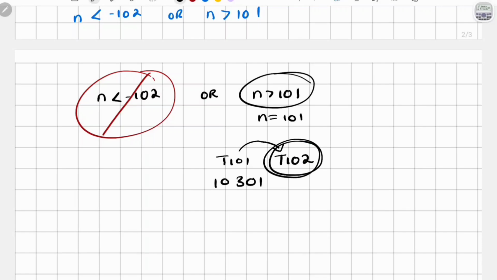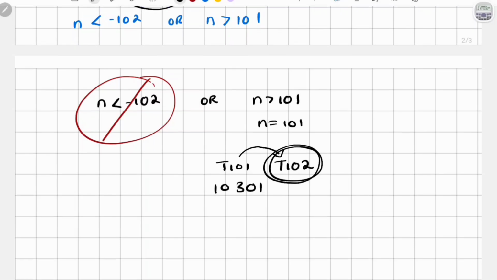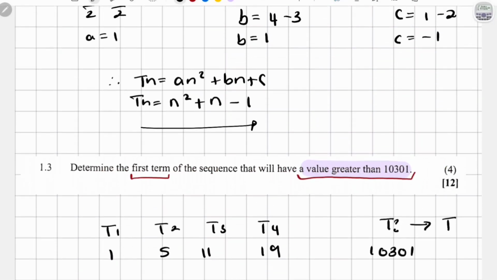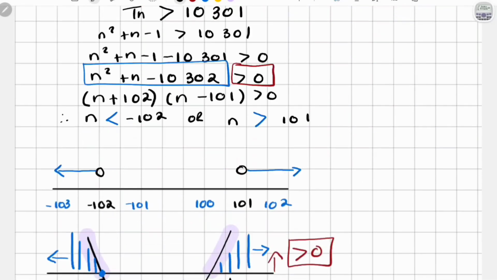Okay, be very careful to answer their question. Yes, I know that n is greater than 101, but they want a specific answer. That's why they say determine the first term of the sequence that will have a value greater than 10,301.